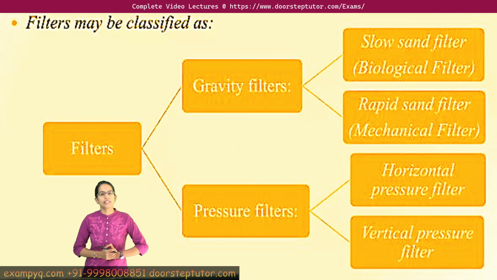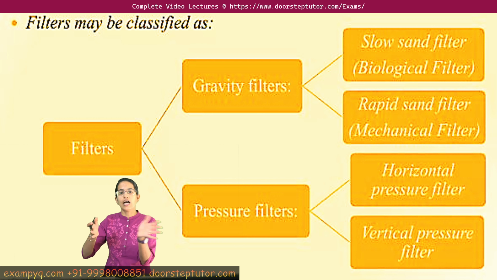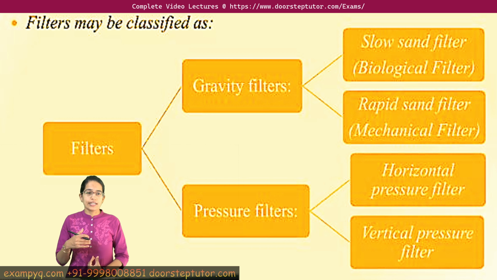So filtration, as we saw, could be through screens. Now screens are simple barriers through which larger particles are separated. These could be weeds, plastic cans, bottles, or any other big load which could be separated simply by the screen. Now after the screens, there could be filtration in various ways. One is the gravity filter.